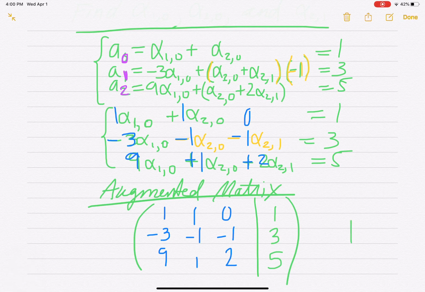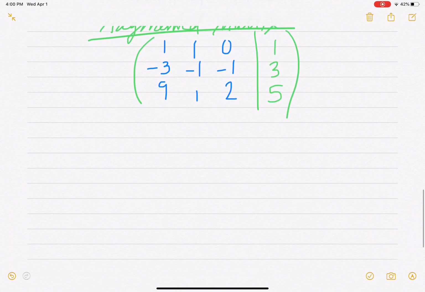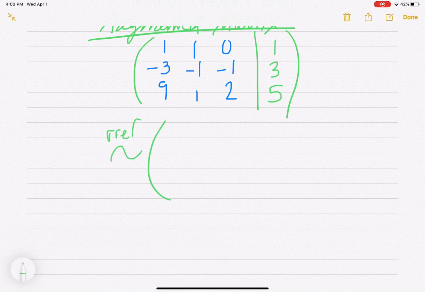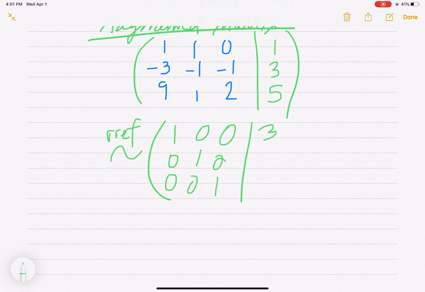I'm going to reduce this through RREF in the calculator. I've already done this on the calculator. Thank you, calculator. Reduced row echelon form: 1, 0, 0, 0, 1, 0, 0, 0, 1. And on the right-hand side, we got 3, negative 2, negative 10.